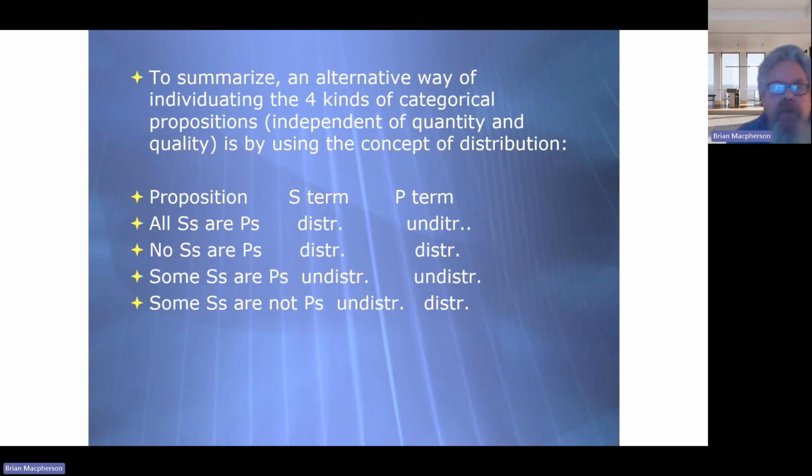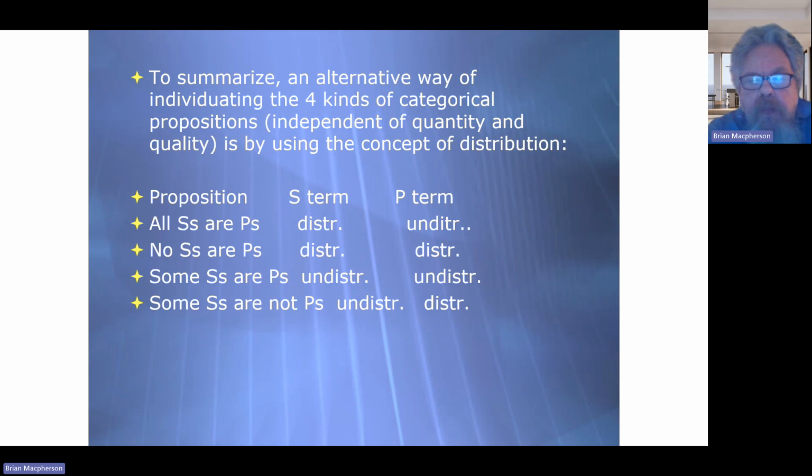And remember that for the I proposition, some S's are P's, it's only talking about some S's and only some P's. So both terms are undistributed. In the proposition "some S's are not P's," we say that the S term is undistributed because it's only talking about some S's, and the P term is distributed by convention, just by stipulation.